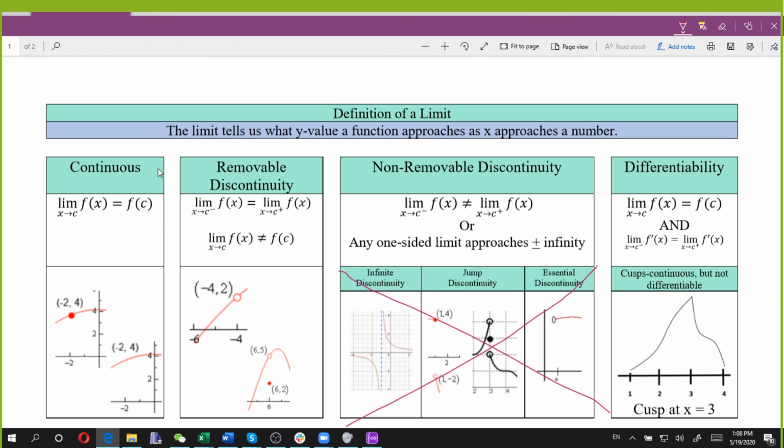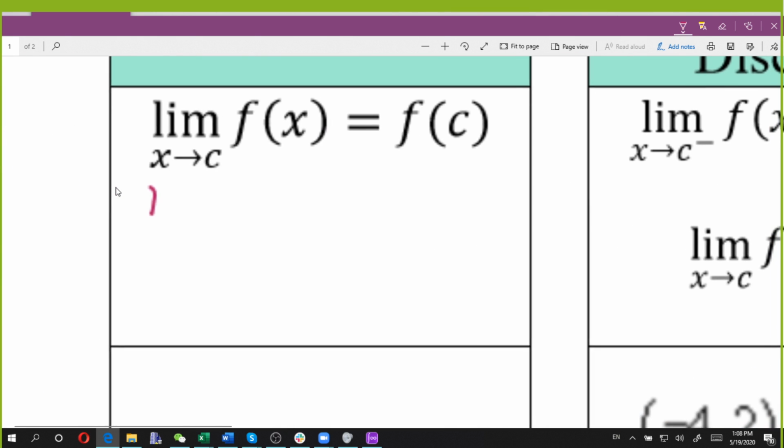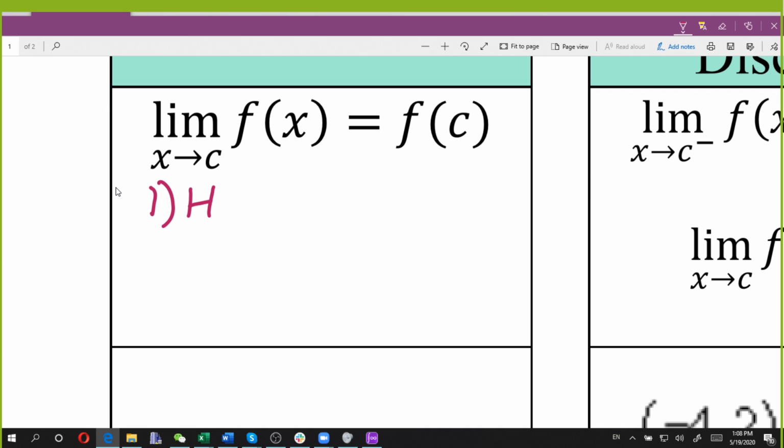For a function to be continuous, it must have a general limit, and that general limit must be equal to the point. So it has a general limit, which means the limit from the left and the right are the same.